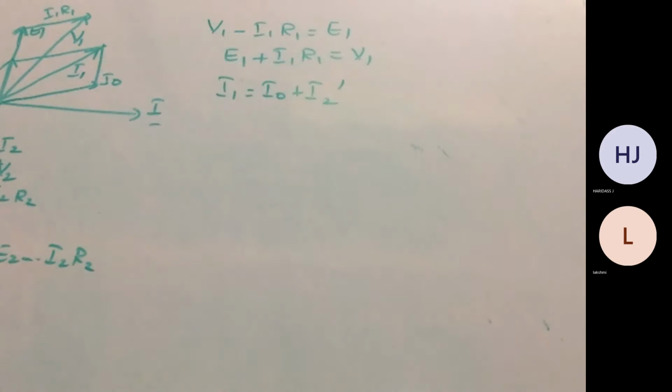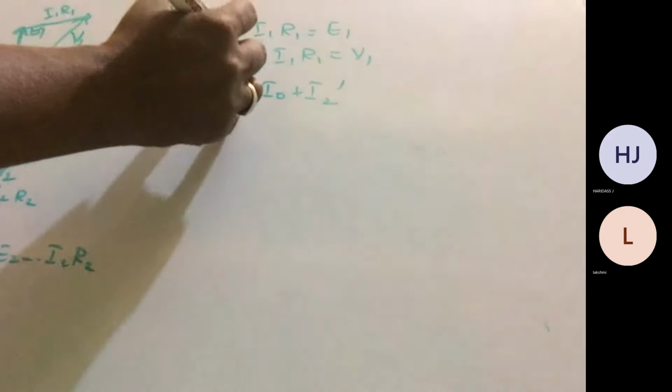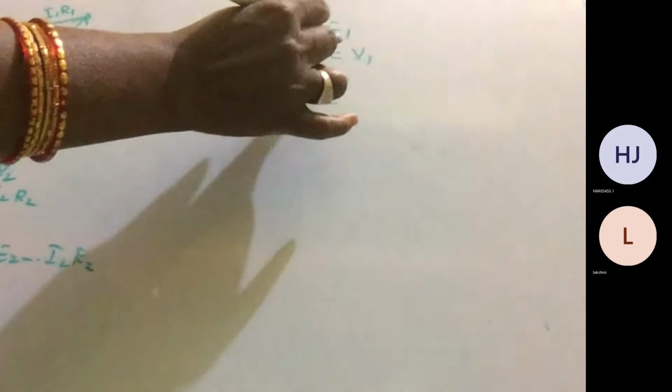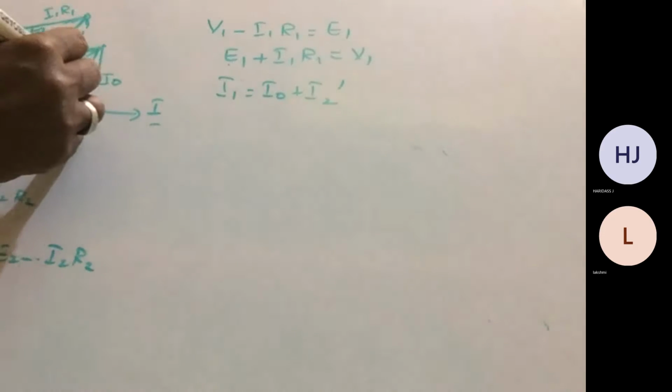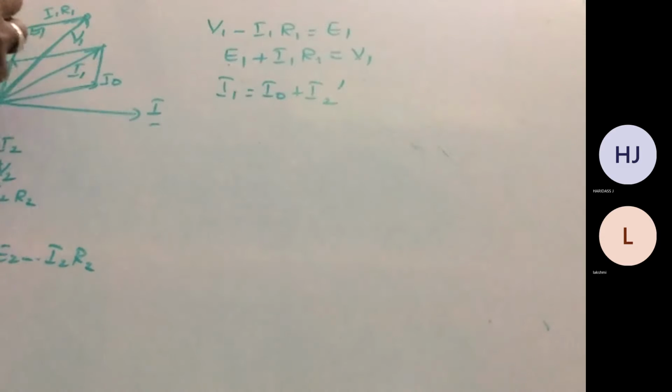Okay. So similarly, you have to draw that E1 on the primary side. E1 plus I1 R1 gives V1. So from E1, you have to add I1 R1, which finally gives V1. Now we know I0, and I2 dash is to be projected from secondary to primary.